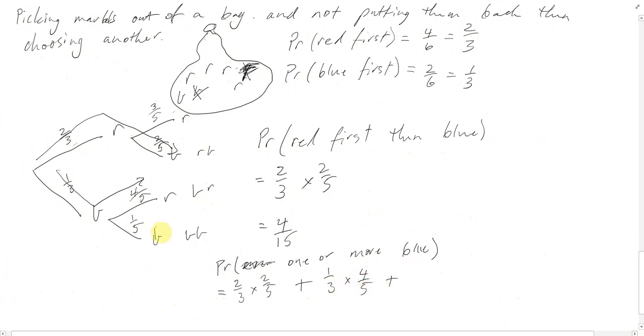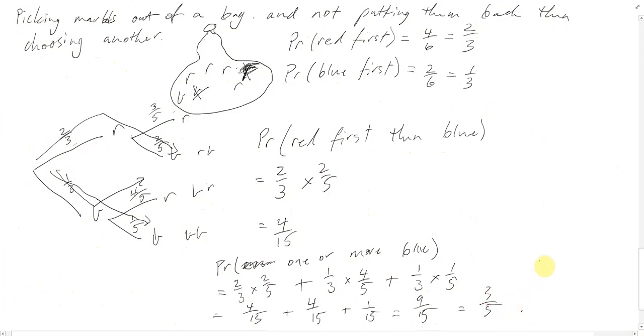And our last option is the blue-blue, so that's 1/3 times 1/5. So let's see what we've got. We've got 4/15 plus 4/15 plus 1/15 gives us 9/15, which simplifies down to 3 on 5.